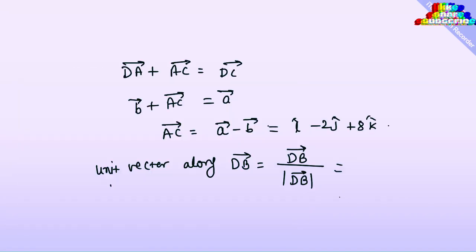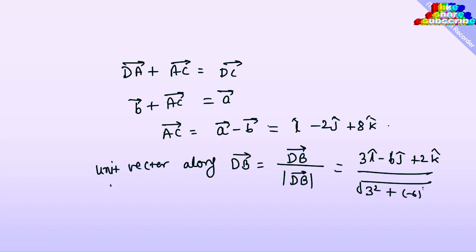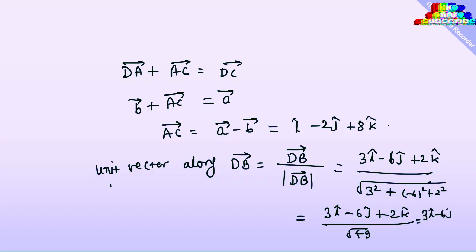The vector is 3i cap minus 6j cap plus 2k cap, over its magnitude. The magnitude is obtained by the square root of 3 squared plus minus 6 squared plus 2 squared, and this is equal to 3i cap minus 6j cap plus 2k cap over the square root of 49, which is 3i cap minus 6j cap plus 2k cap over 7. So this is the unit vector along DB.